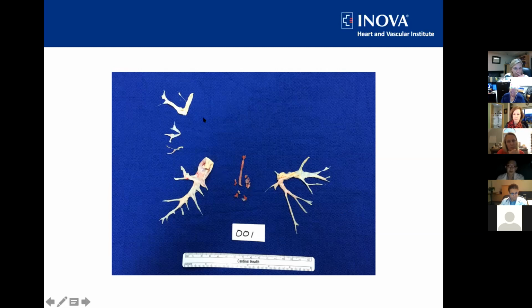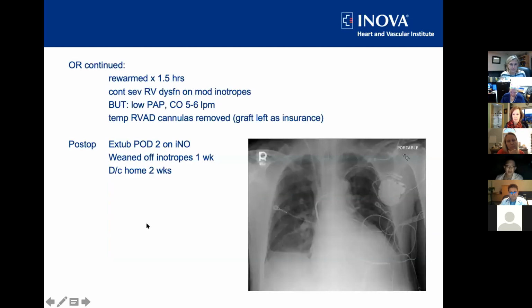This specimen is not like the specimens that we're finding in the folks with a lot more proximal disease. But nonetheless, just removing these, clearing out both lower lobes had a profound difference in terms of his RV dysfunction.